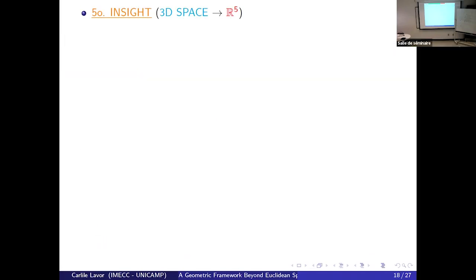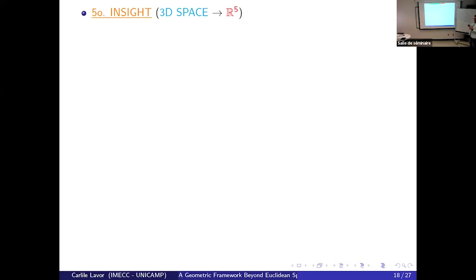Now, before doing the calculation, I would just like to try to visualize the 3D space in R5. In order to do this, I will come back to the bases E4 and E5.